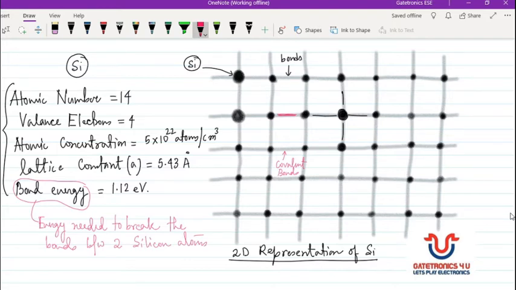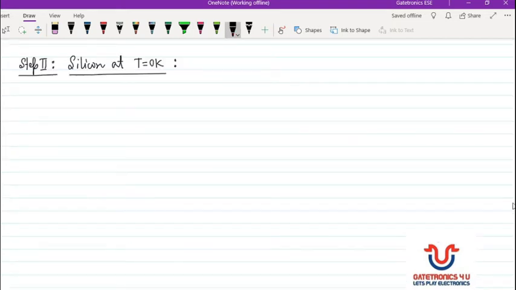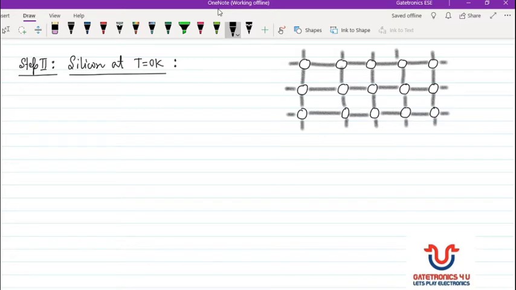Now let us go to the step 2, that is, what will happen inside the silicon material at T equals to 0K. To explain this, let us consider the 2D representation of silicon, which looks like this. In this diagram, you can see these are the silicon atoms and this is the covalent bond.